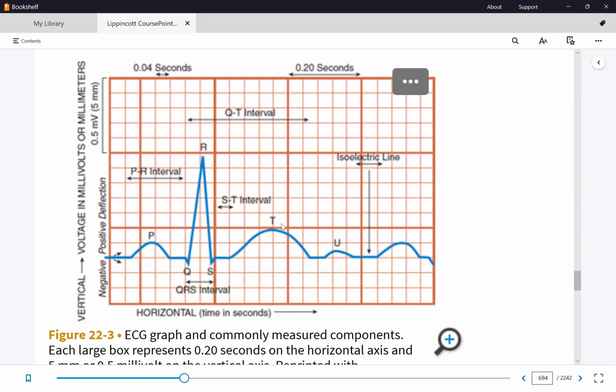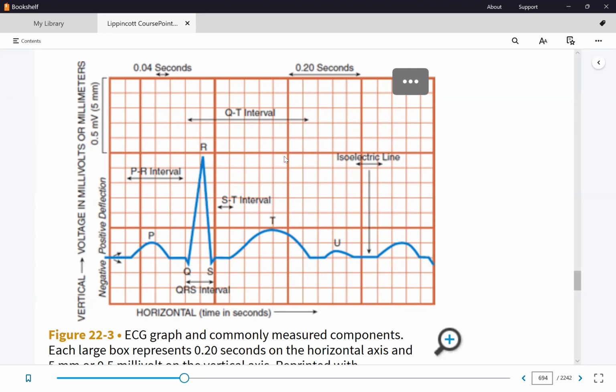Okay, so in 60 seconds, how many small boxes will there be? So 60 seconds divided by 0.04 equals 1,500 small boxes. Very good.